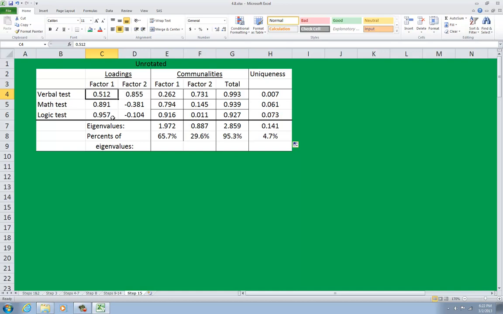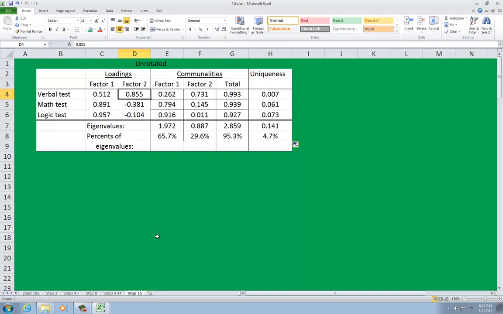So the factor seems to represent general intelligence. The second factor has a high loading on verbal ability, but negative loadings on math and logic. So it looks to be like a bipolar factor of verbal ability versus math and logic ability. However, there's another much clearer interpretation that will be obvious once we have rotated the factor pattern.